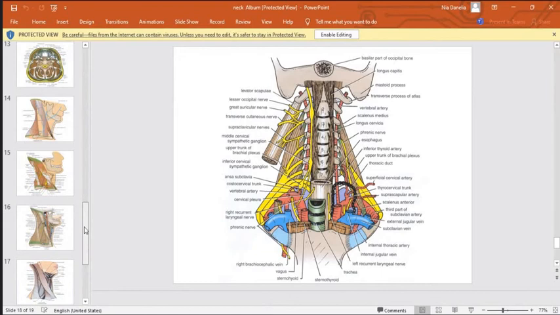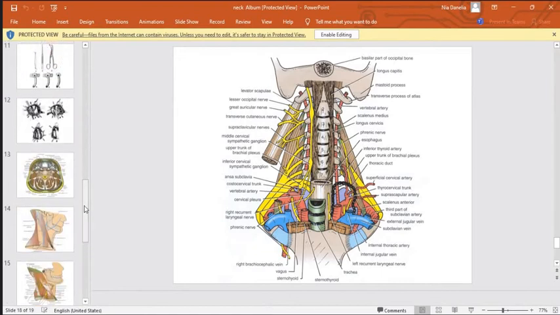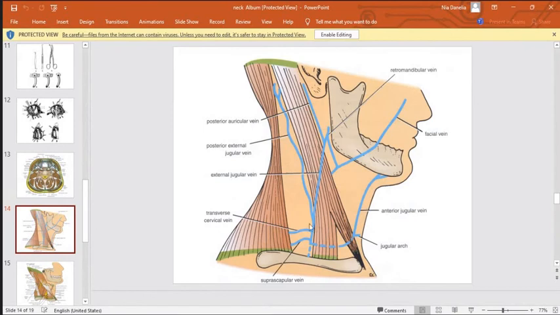Superficial structures in the neck region: we have the external jugular vein, the anterior jugular vein, so superficial veins, and the cervical plexus, which is located in which layer? In the second and third fascia, between the superficial layer and deep layer of the proper fascia.